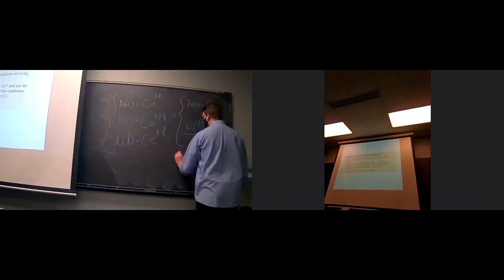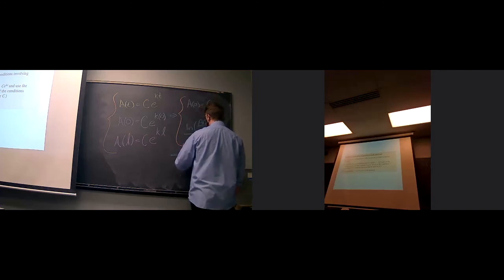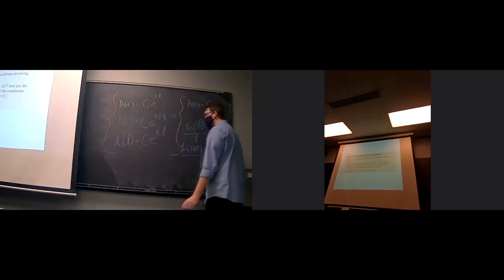Notice we can rewrite our numerator here to be the ln of A at L, so whatever that data is, minus the ln of C, all divided by L. Make sense? I'm trying to simplify this as much as I can so that some of these problems don't feel like they're coming out of nowhere.